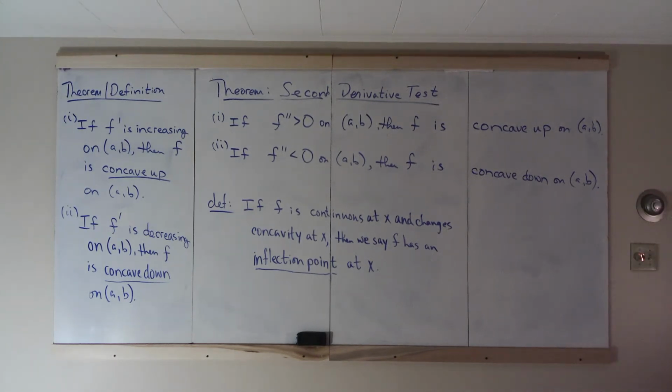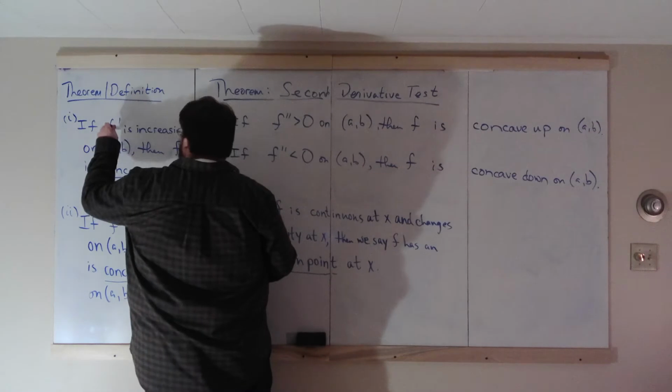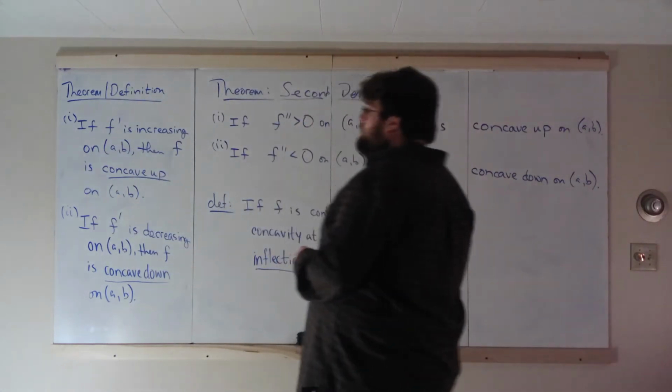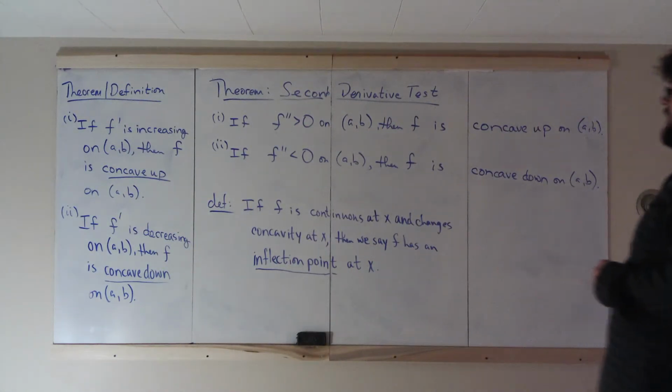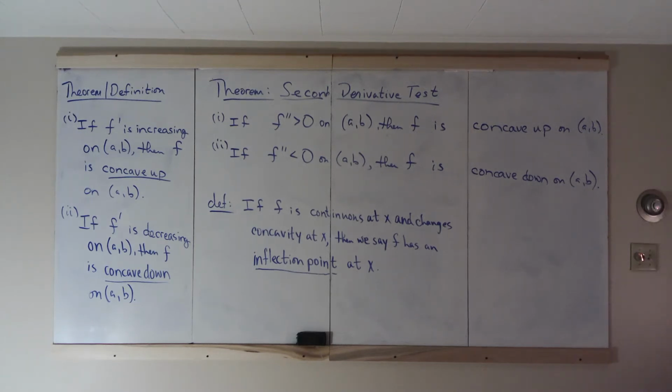The second derivative test is going to tell us about concavity, because concavity is a result of looking at how the derivative is changing. So it's looking at the second derivative. 1, if f double prime, the second derivative, is positive on A to B, then f is concave up. If the second derivative, f double prime, is negative, then f is concave down.